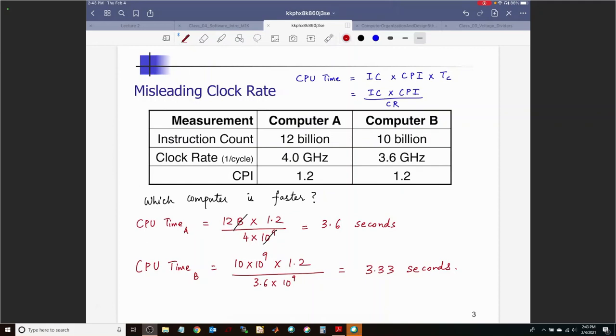So if you want to improve performance, you need to do things faster. You need to reduce CPU time. So after having computed CPU time, clearly computer B is actually faster than computer A. So that's how, if you just look at clock rate, it can be misleading.